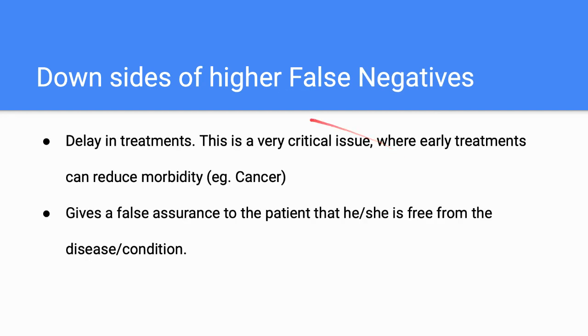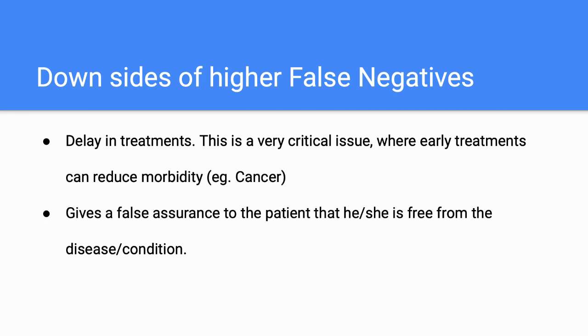Coming to the downsides of having higher false negatives, basically there is delay in treatment. Let's say a patient has cancer, and our test, diagnostic method or screening method has classified the person as normal, or the test result was negative.